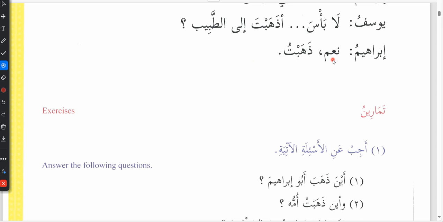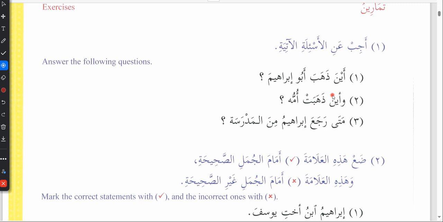I went. Now we will see the tamarin, the exercises, and there is a simple question and answer here. Aina dhahaba Abu Ibrahim? Now from where will you start your answer? Dhahaba Abu Ibrahima. So here you can see meme is having a fatha.